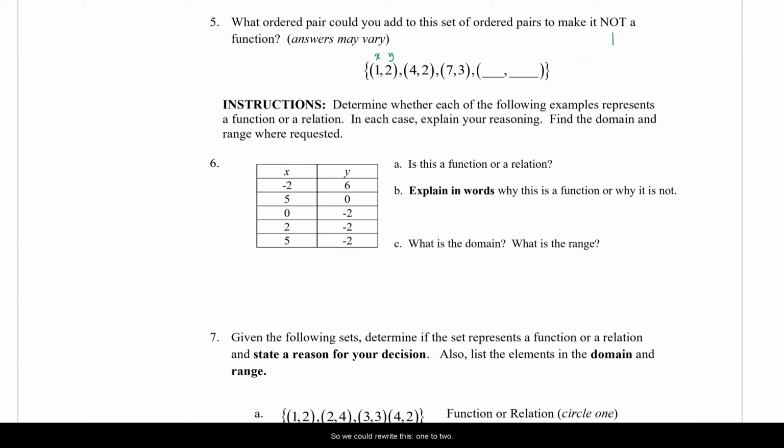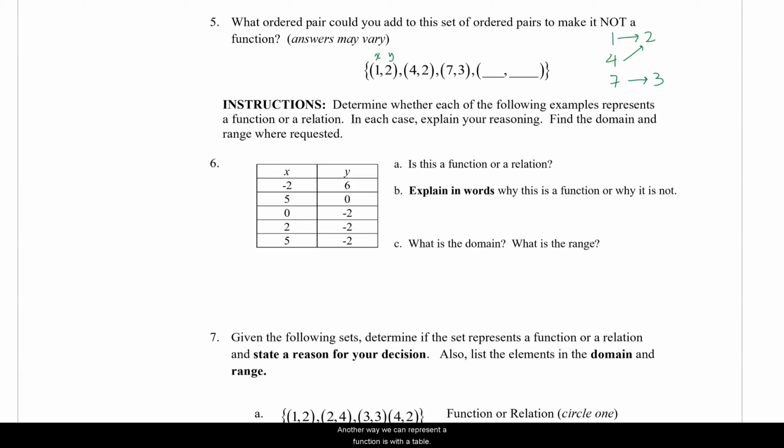So we could rewrite this: 1 to 2, 4 to 2, 7 to 3. We can use that same arrow diagram as we did before with the teams and the locations. So there are so many possible answers to this situation. I'll let you see if you can come up with one, and then I'll ask you about it a little later.